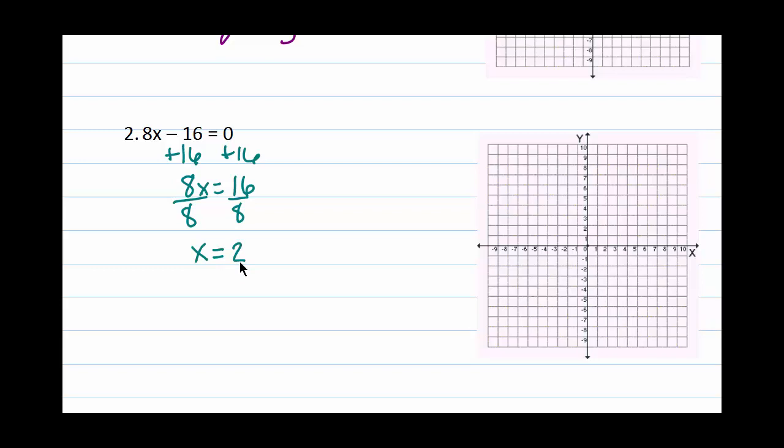When I have x equals 2, then I know that my slope is undefined. There's no y-intercept here. So a common mistake that students make is they come over here and on the x they just put a point right there where x equals 2, and then they think they're done.